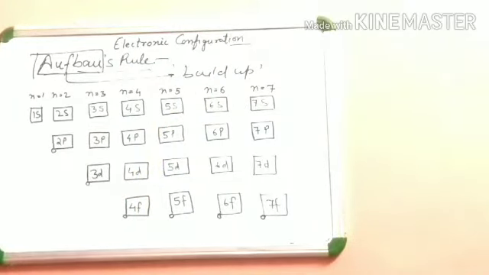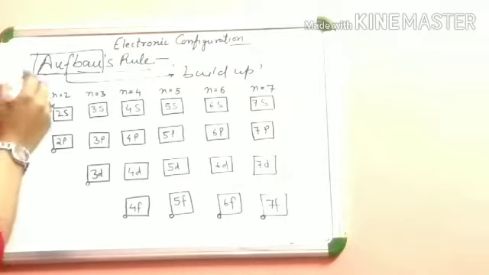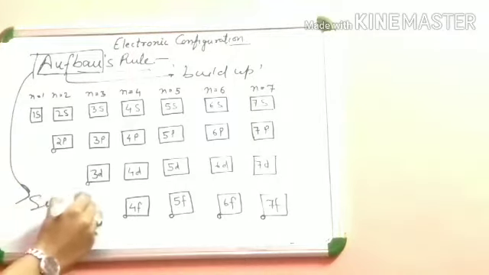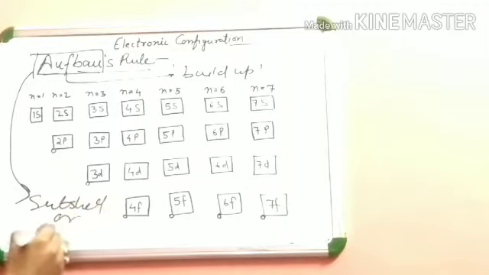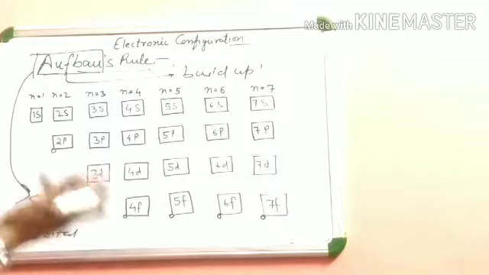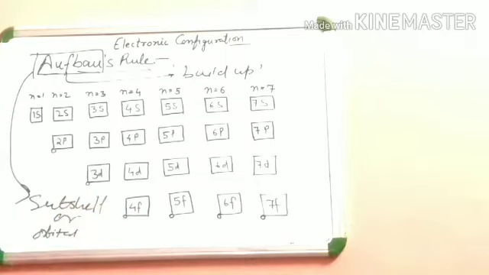This rule dictates the manner in which electrons are filled in any subshell or orbital, in the ground state. The atom should be in ground state.